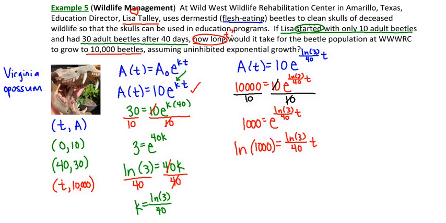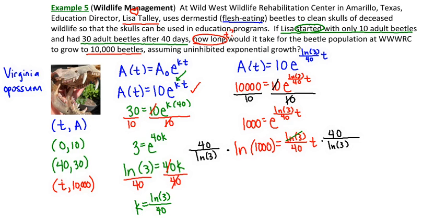Notice t is multiplied by the fraction natural log of 3 divided by 40. So I'm going to multiply both sides of this equation by the reciprocal of that fraction to isolate t. I'm going to multiply the right side by 40 over natural log of 3, and the left side by the same fraction, 40 over natural log of 3.